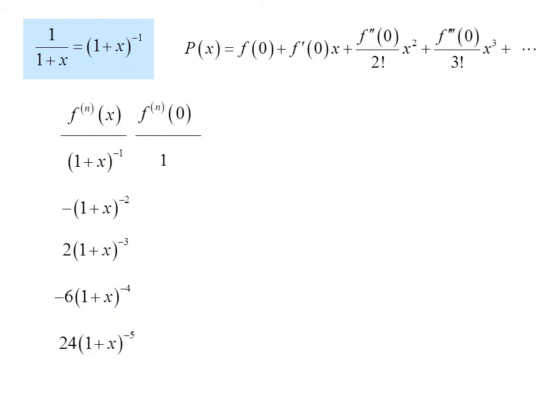We get 1, negative 1, 2, negative 6, which is negative 3 factorial, and 24, which is 4 factorial.